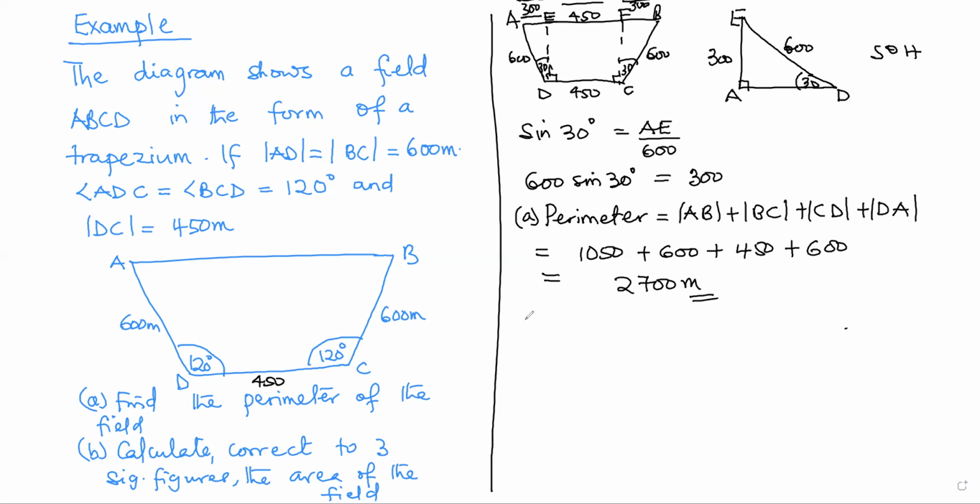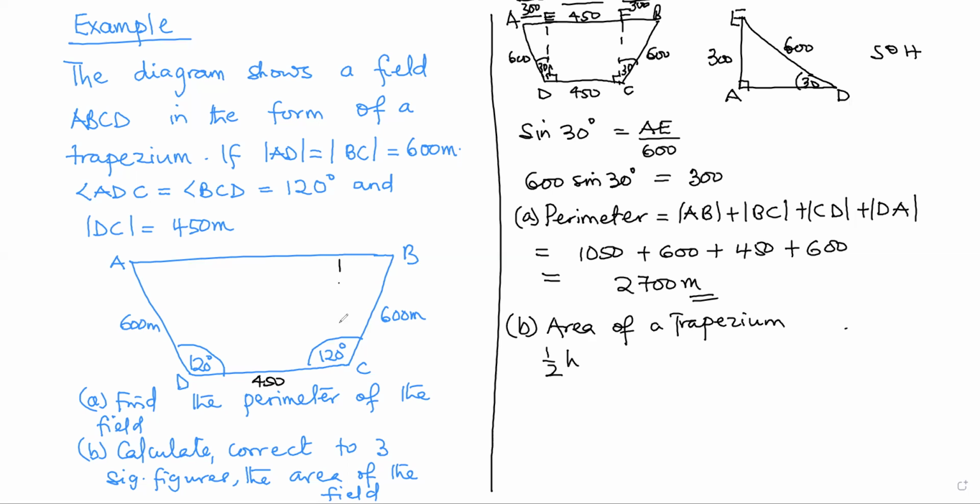Now we're told to find the area of this trapezium. So to find the area of this trapezium, we need to know that the area of a trapezium is your half times the height.